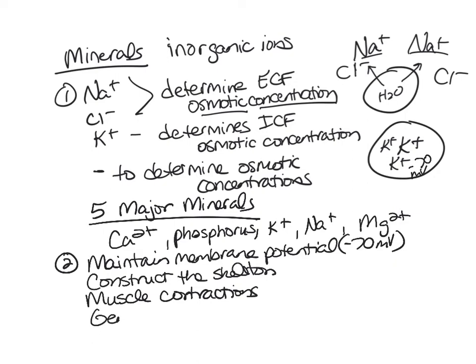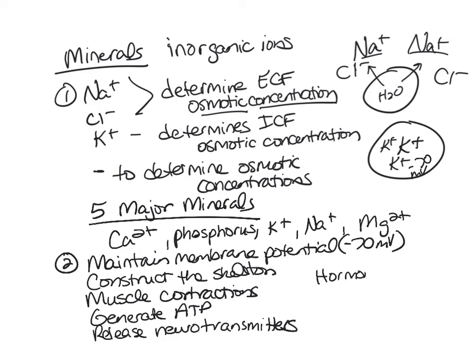They are necessary to generate ATP. They are necessary to release neurotransmitters. Remember that calcium is necessary to release neurotransmitters from the synaptic terminal. They are necessary to produce hormones. They're necessary for blood clotting.